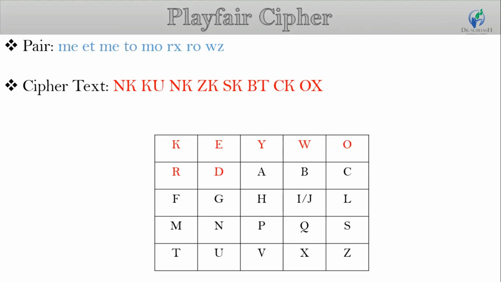Then each alphabet is replaced by the element in its own row and the corresponding column of the other alphabet of the pair. So M is replaced with N and E is replaced with K. Next pair is E and T. Again, it is neither in the same column nor in the same row, so we replace by the element in its own row and the corresponding column of the other alphabet of the pair.